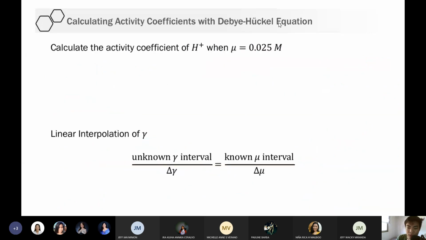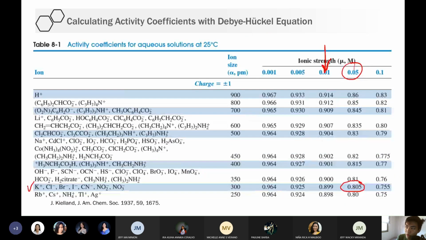So what if the activity coefficient is between the values in the table? Suppose our mu here is 0.025 molar. As I told you, you can use this table as long as you are within this range, but 0.025 molar is not written on this table.